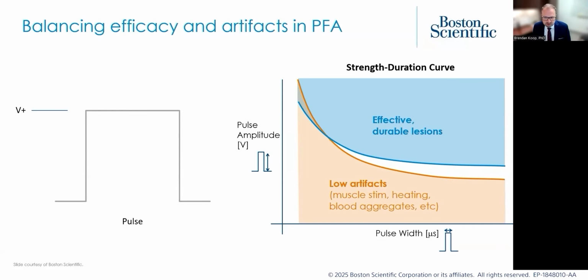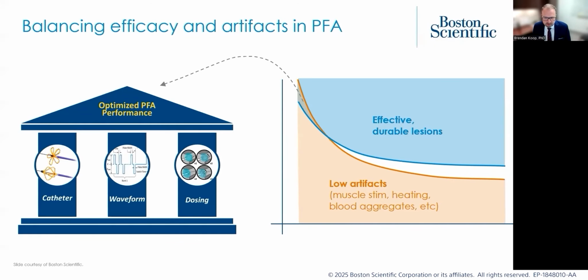And what we discovered in our research is the three major pillars of what we do to hit this really tiny design space are catheter design, so prospectively designing specifically for pulse field ablation, waveform design, and then dosing, or the workflow that we use to actually do the ablations.